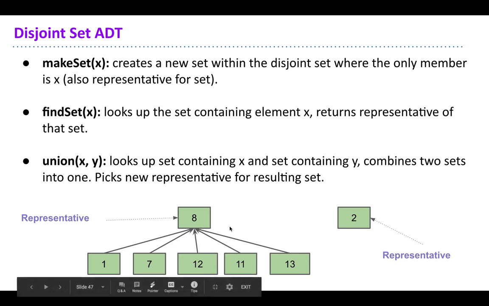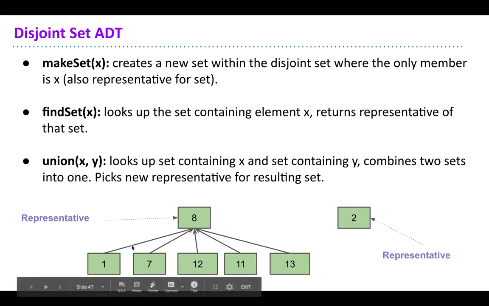So this 8 here is the representative of this whole mini set in our disjoint set. Maybe our disjoint set has all of these elements, including 2, but we have two mini sets, one where 8 is the representative and one where 2 is the representative. So FindSet just returns that representative.